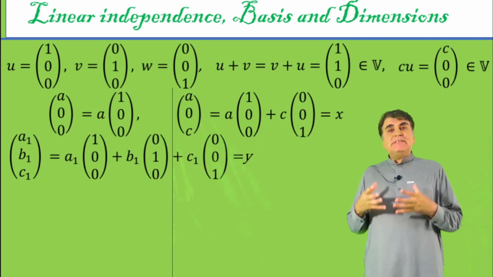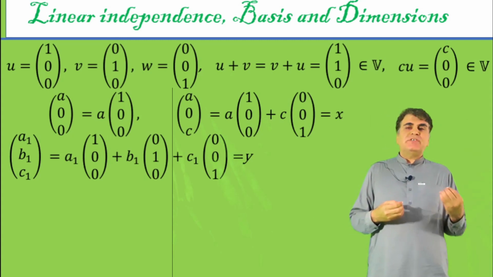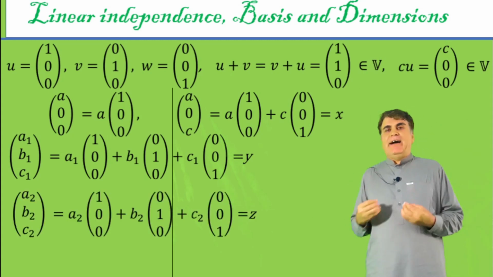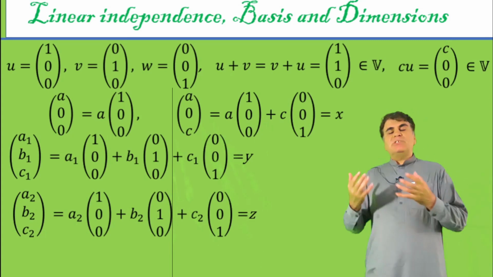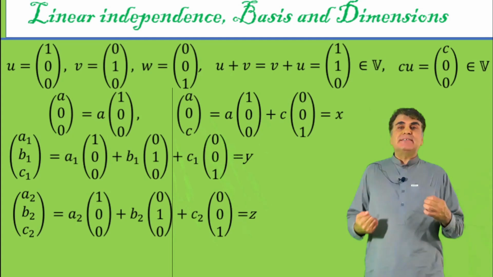So these three column matrices constitute the set of the first kind, where all the other matrices can be written through different linear combinations of these three.